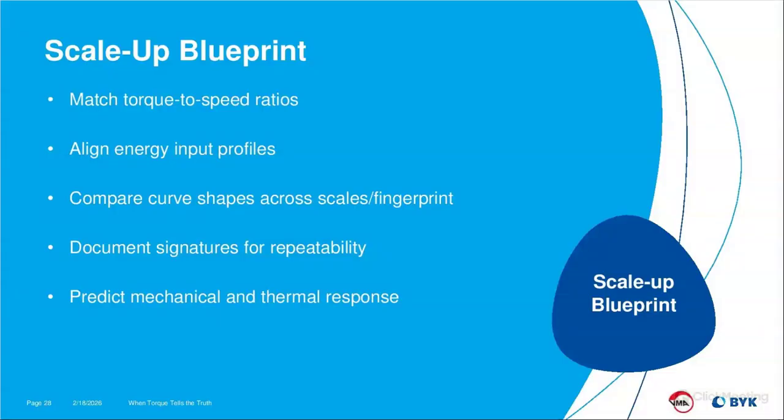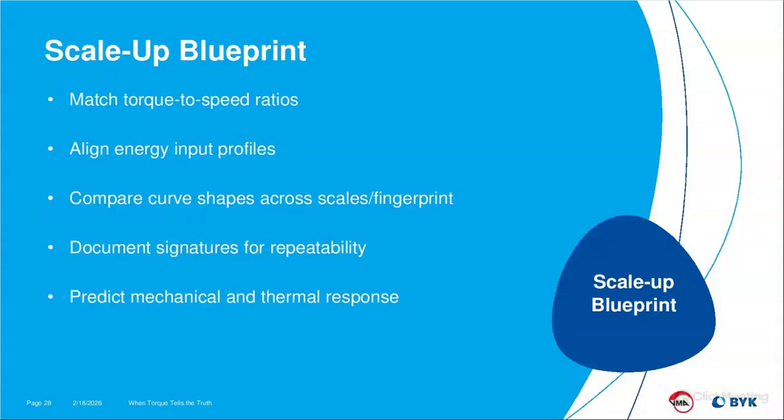Whether we're doing 500 milliliters or 10 liters or 500 liters, the shapes should remain the same given the parameters are set properly. Each fingerprint or signature that you document is evidence, right? It's evidence of how the process went, and this is how you really dial in your repeatability.